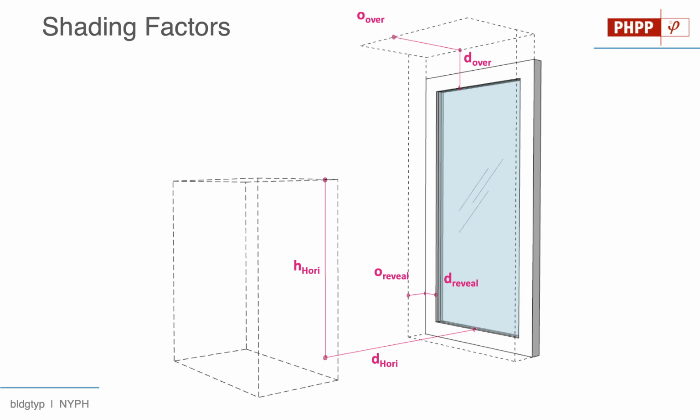So every single window in the PHPP gets its own shading reduction factor. In fact, it gets a wintertime shading factor and a summertime shading factor. The sun, of course, is going to be in a very different position in the sky in the wintertime versus the summertime. And so the way that the PHPP handles that is it calculates 2 shading factors, one for the wintertime period and one for the summertime period.